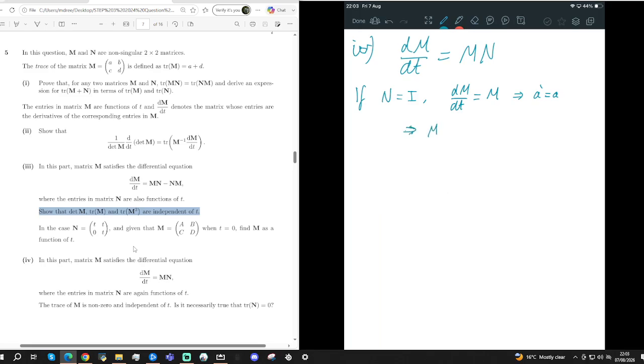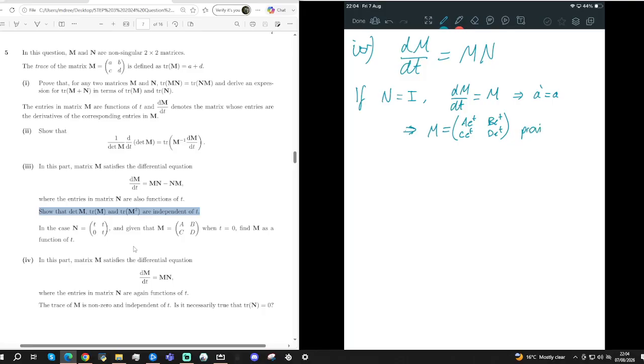So m would be a e to the t, b e to the t, c e to the t, d e to the t, which can certainly be non-singular, and the trace of m can be non-zero.